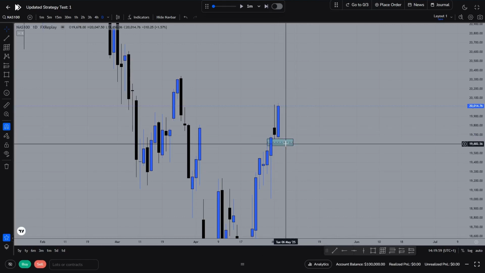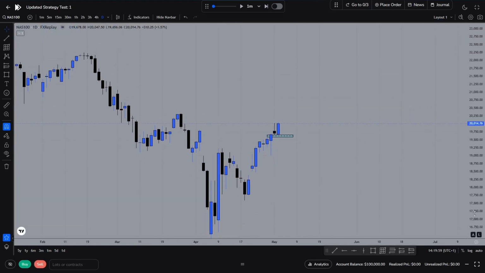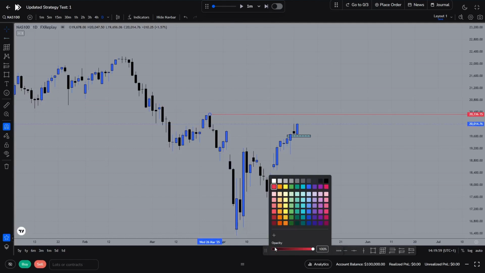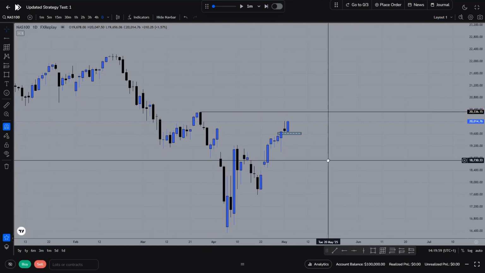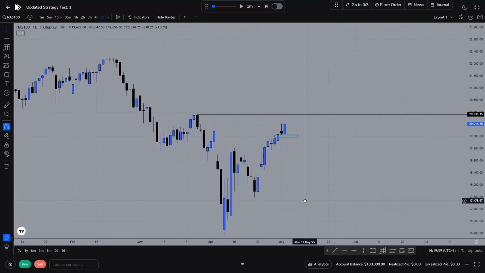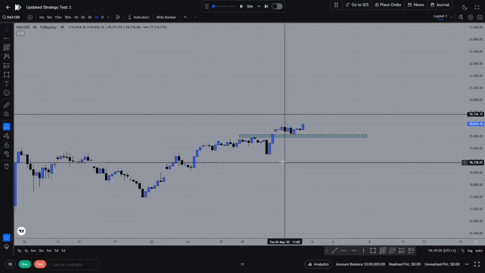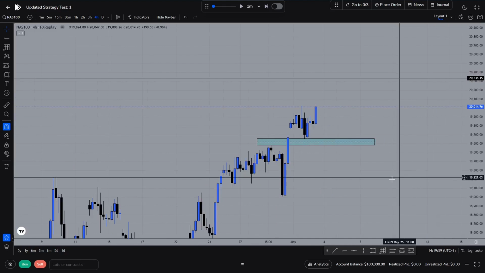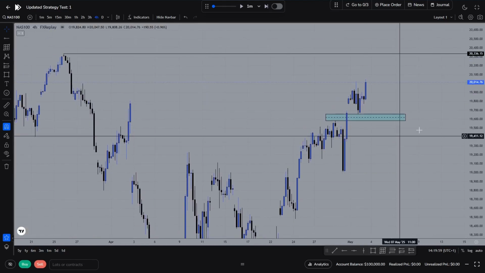There we go. These light blues will be my FVGs. And then mark out that high. Make it black, controls on liquidity. Four-hour. Daily and four hours just for me to create my bias and see what price is doing for the day.